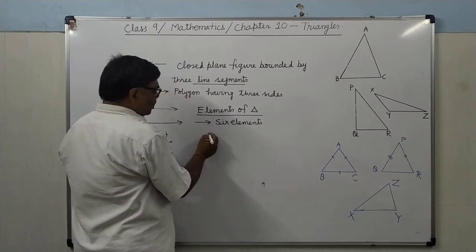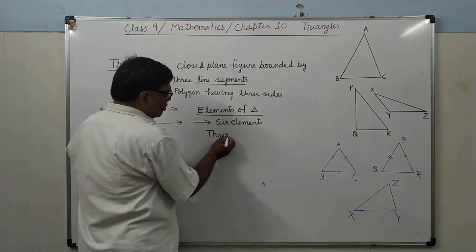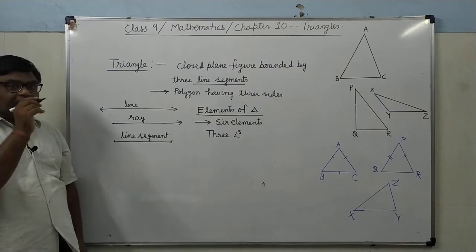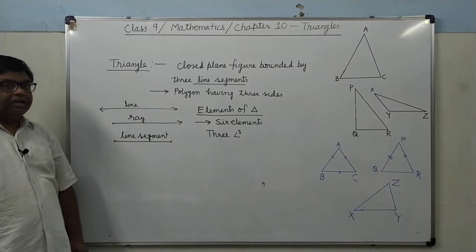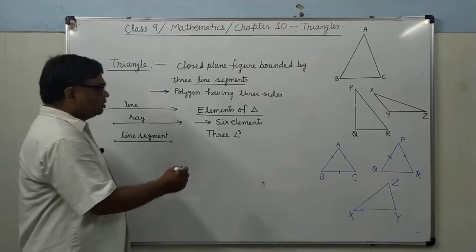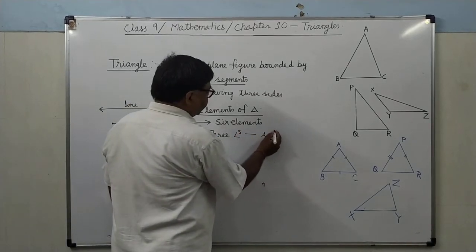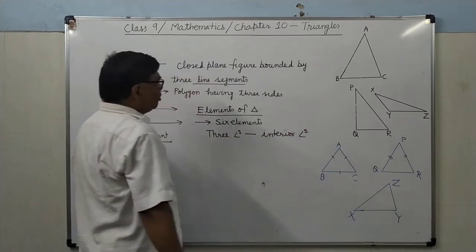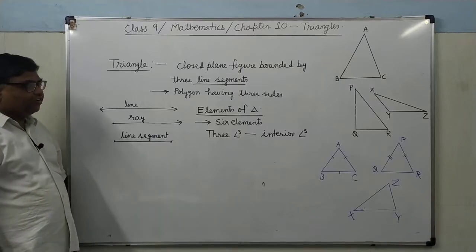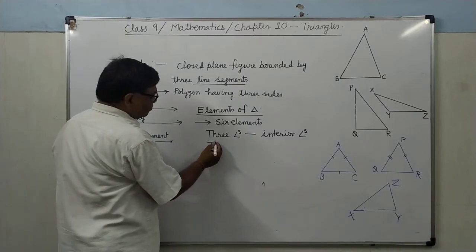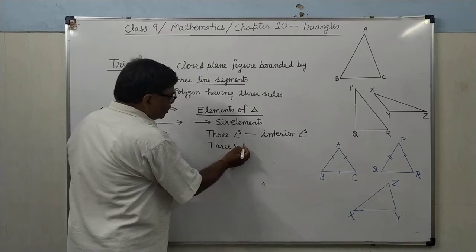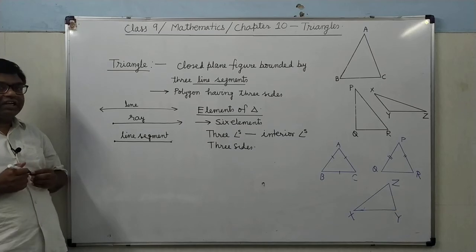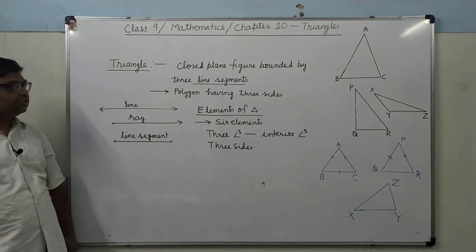The 3 angles we also call the interior angles, because they are inside this closed plane figure. It's clear why? Because they are inside the closed plane figure. And 3 sides. So these are the total 6 elements of the triangle.